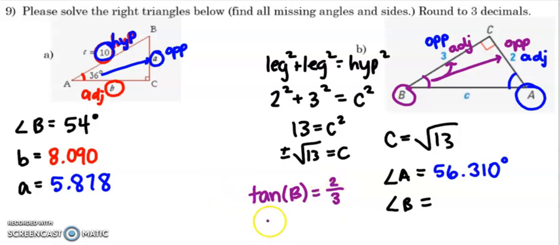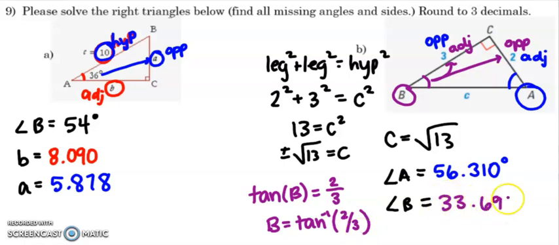I'm going to take the tangent inverse of both sides, type that into my calculator, and I end up with 33.690.